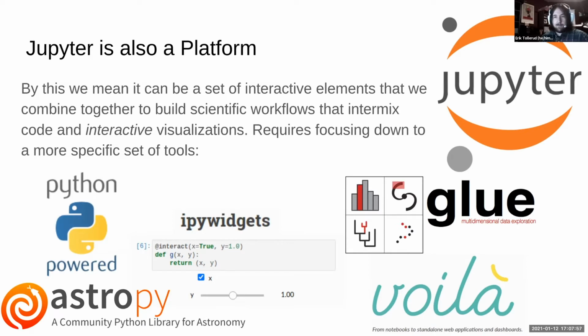So to do that, I can no longer talk about Jupyter by itself, because Jupyter can be used with many different languages, many different sets of software. But now to reach this level of interactive work, I have to specialize down into the tools that we're developing, both at Space Telescope and in the wider ecosystem. In particular, I'm going to emphasize the Python-based tools built on the AstroPy project, because those provide the underlying libraries that the visualization tools can use.